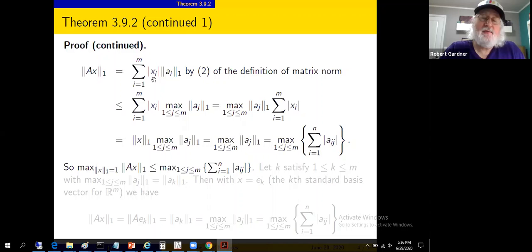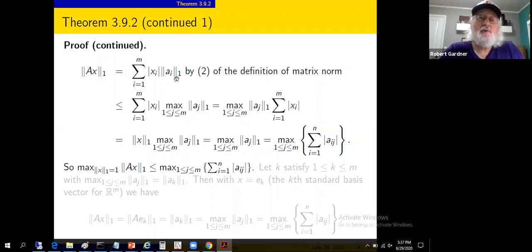So we get these absolute values of x sub i out front. Now, we're letting i range from 1 to m and taking norms of the columns, a sub i. I'm going to replace this with the column of maximum L1 norm. There's only m of them, so one of them is the biggest one.